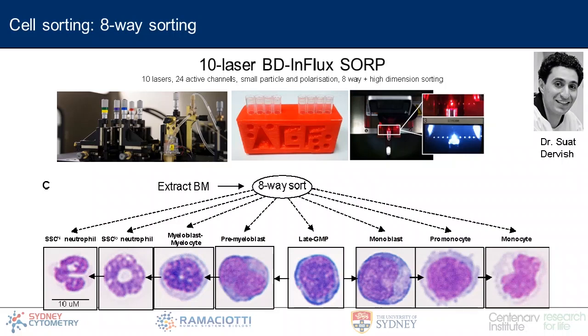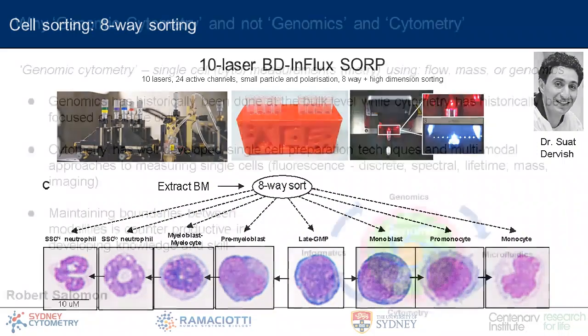When we're looking at the hematopoietic lineage, not only do we need to use the protein information per cell to give us an idea of what's happening in the system, but the ability to actually pick out 8 populations from that data set to sort them and to see what they look like on a cytologic level gives us a lot of confidence that what we're seeing is real and is rooted in old school hematology, not just some population that we can see in the data that we infer should be a certain kind of progenitor. So being able to translate between these high-dimensional technologies in an effective way really matters.